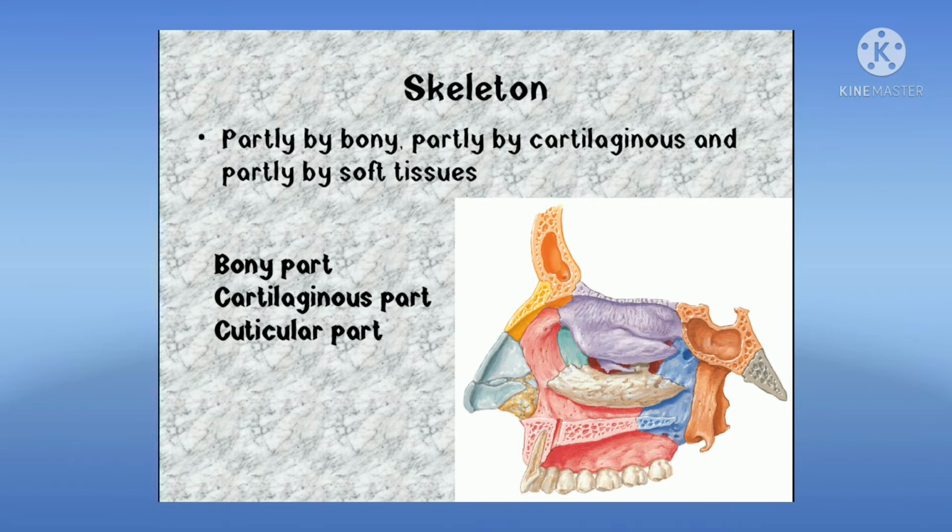The lateral wall of nose is made partially by bony, partially by cartilaginous, and partially by soft tissues. First, we are going to learn the bony parts.